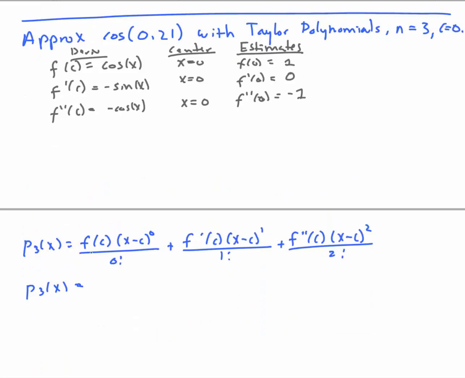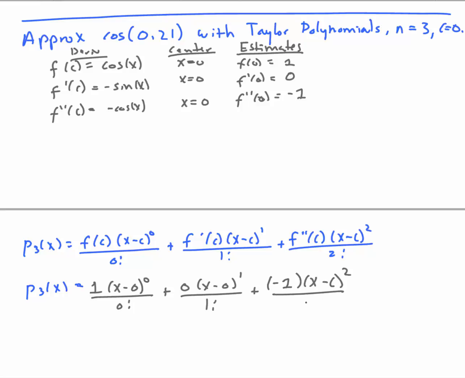So f of c is 1. And of course x minus 0 to the 0 over 0 factorial. f prime at c is 0, x minus 0 to the first over 1 factorial. That whole term goes away. Plus the second derivative, a negative 1, x minus c squared over 2 factorial.